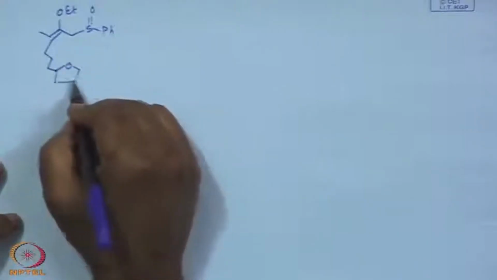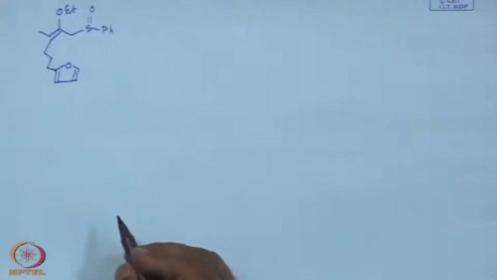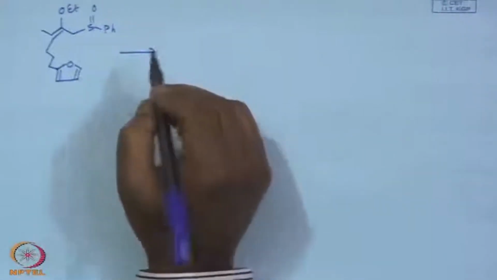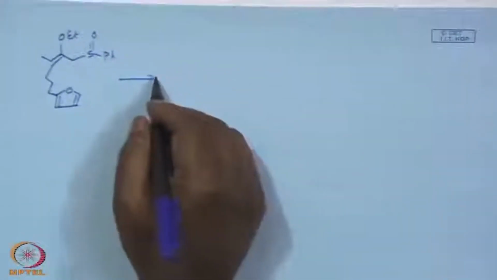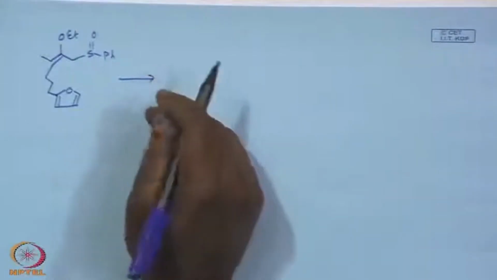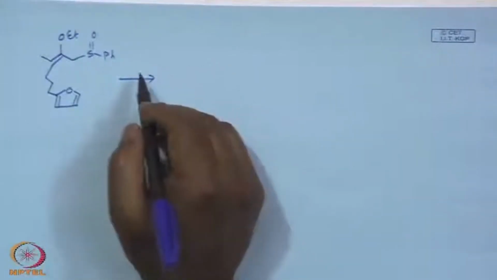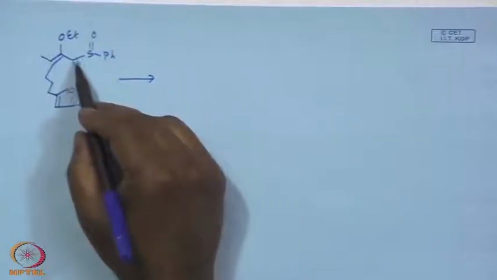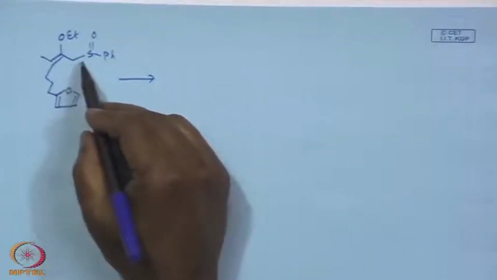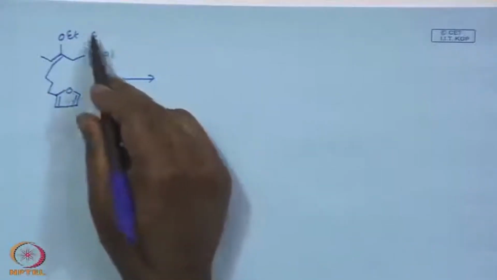a furan unit again. So, furan is a popular diene for this kind of molecule. In this case, the difference is that this allylic position has a substituent.